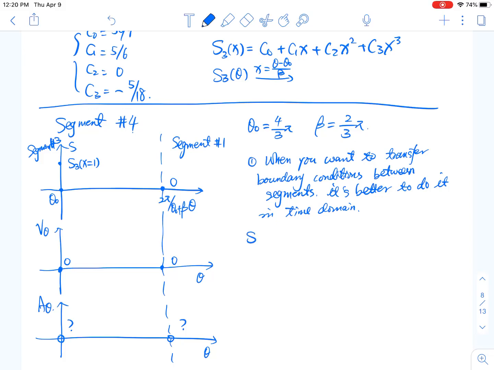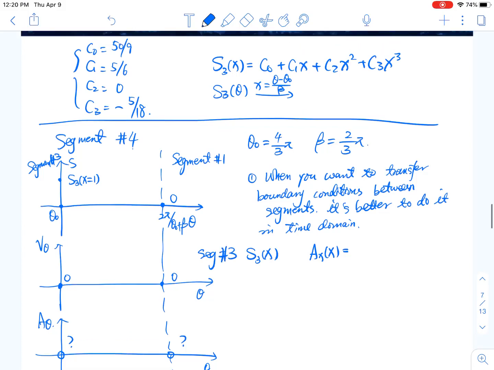So we know that your S3(x), and then we know that your A(x), that's for segment 3, equals to, what is that?